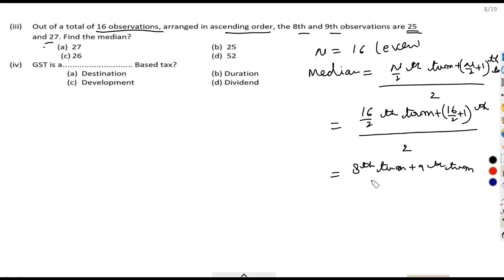In the question it is given that 8th term is 25 and 9th term is 27. It means median is 26.